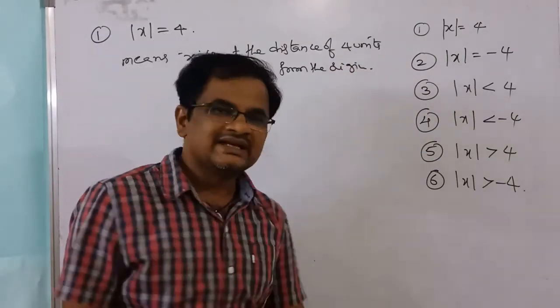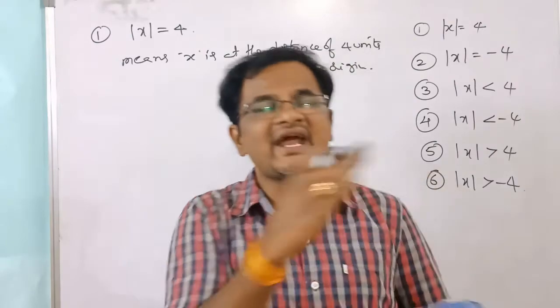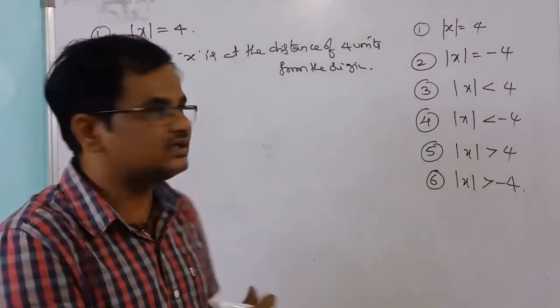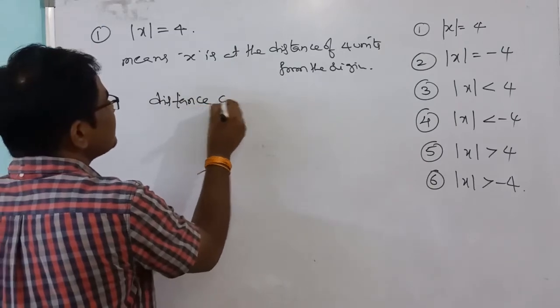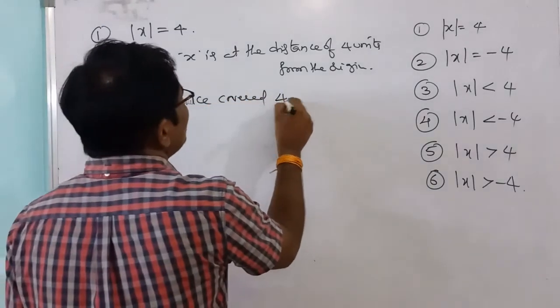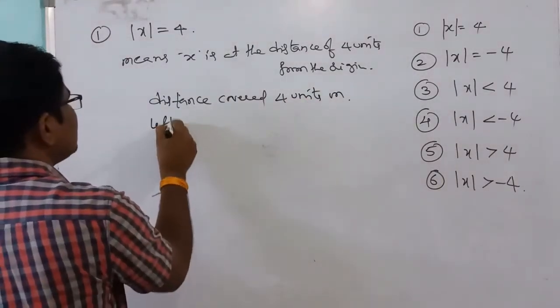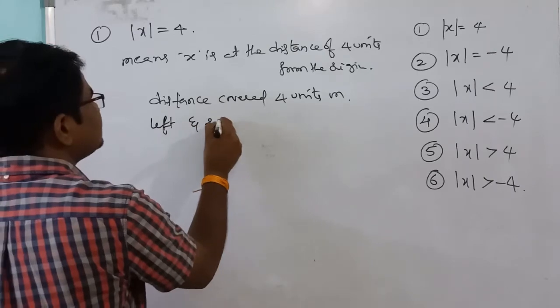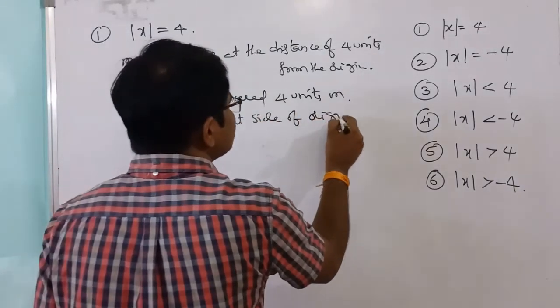Nothing but distance covered, 4 units on the left and right side of the origin.